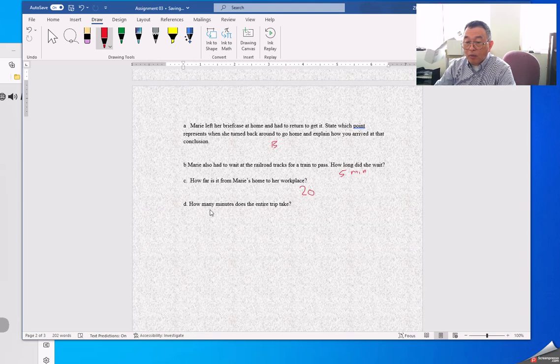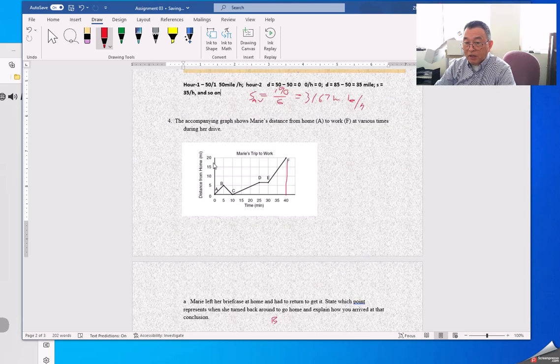And the last question: how many minutes does the entire trip take? You look at the F point at 20 miles, so the entire trip takes from 0 all the way to 40.